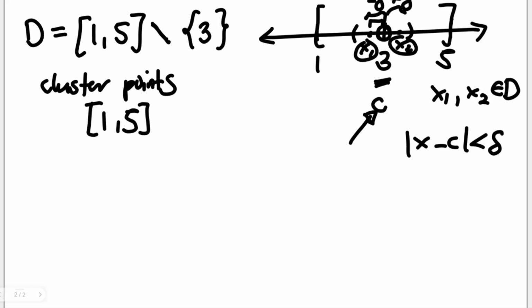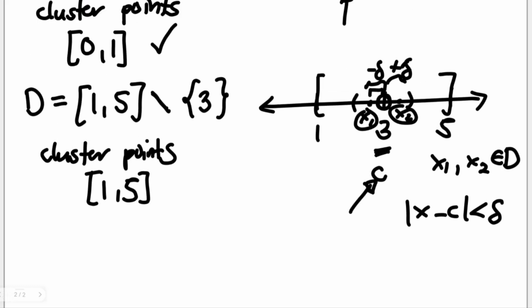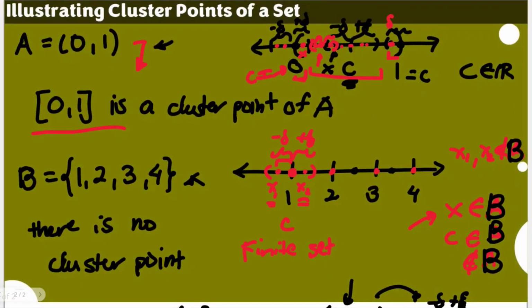The point here is even if 3 is not part of our set, just like what happened here first, 0 and 1 are not part of the set, but because there exists a certain x, no matter how small the delta is, it fits the criteria, we include 0 and 1.